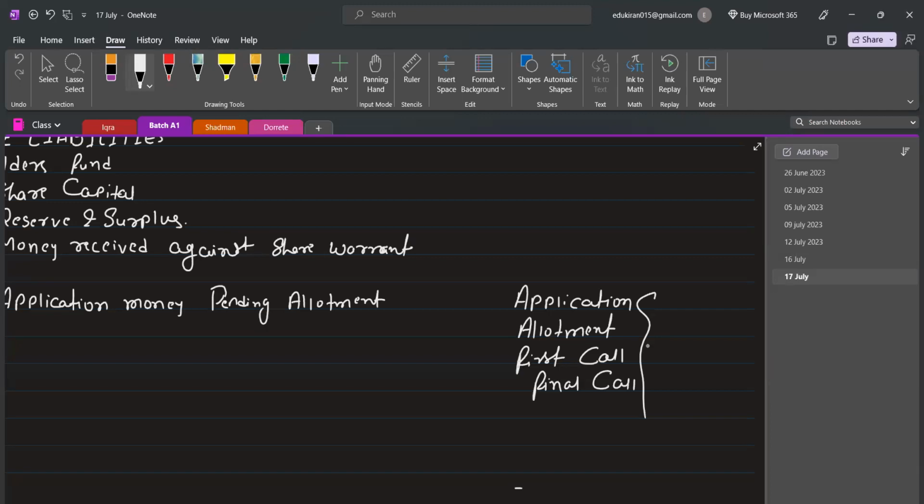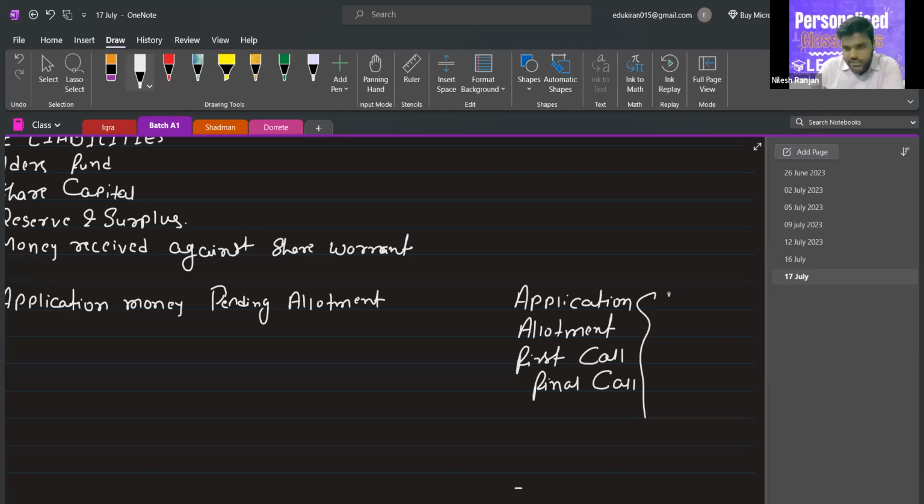Now, the first installment is demanded, application is invited, and the public has applied for shares. But before allotment, the financial year is complete. The accounts are closed.